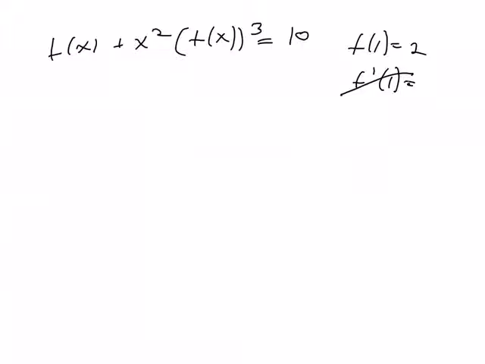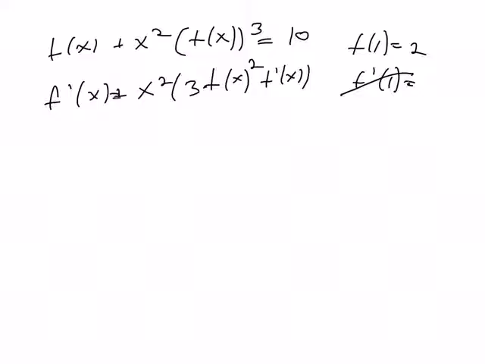So let's see. Taking the derivative of both sides, we're going to get f prime of x plus x squared times 3 f of x squared f prime of x, plus, and then we're going to just have f of x to the third power 2x is equal to 0.